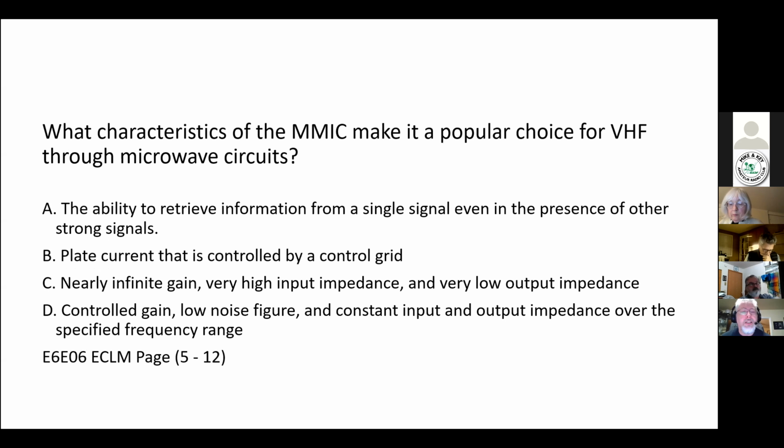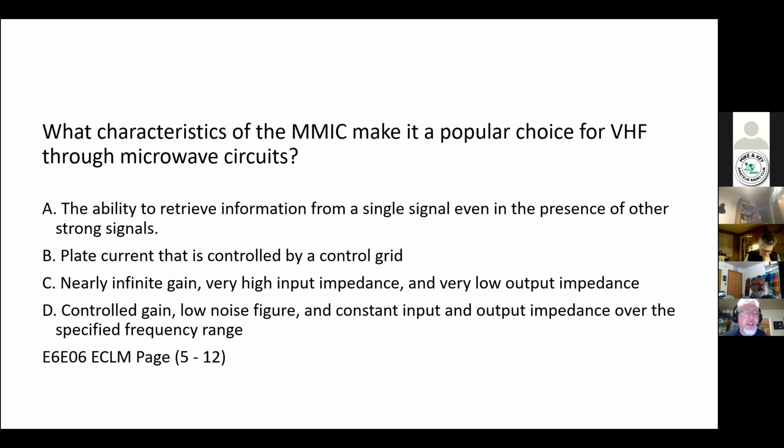What characteristics of MMIC make it popular choice for VHF through microwave circuits? A. The ability to retrieve information from a single signal even in the presence of other strong signals. B. Plate current that is controlled by a control grid.